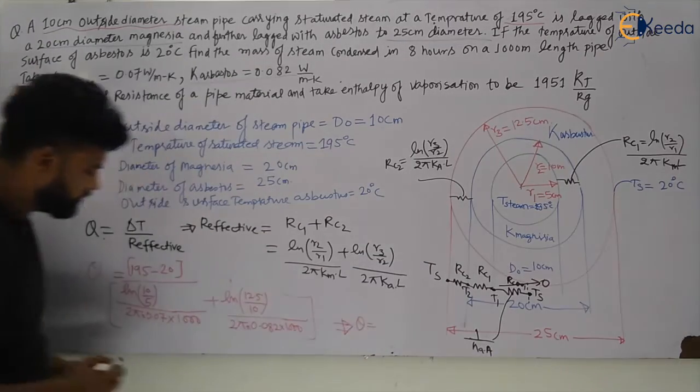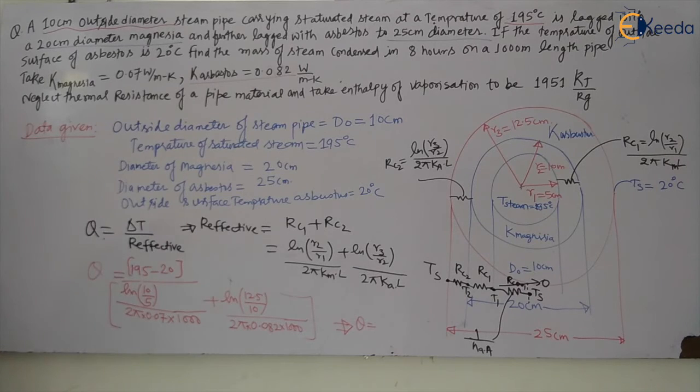Let us calculate it. ln of 12.5 by 10 will become 1.25, divided by 2 into pi into 0.082 into 1000.